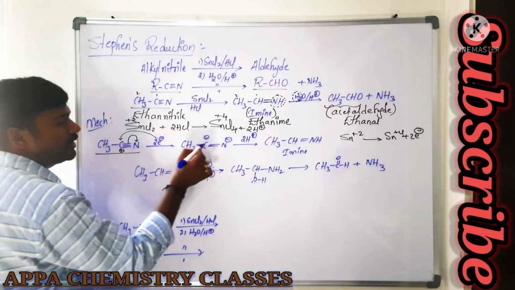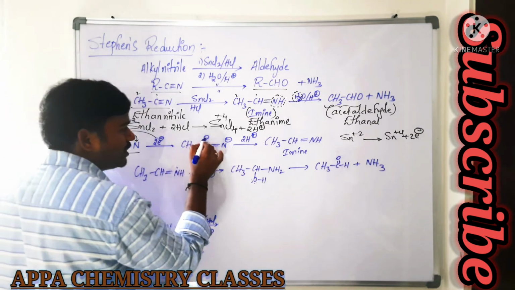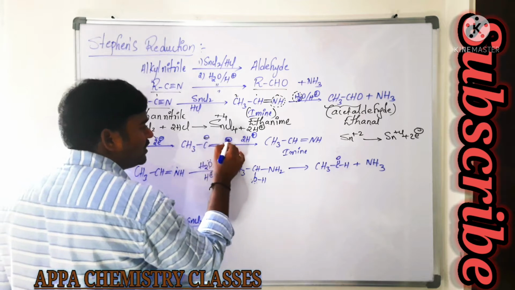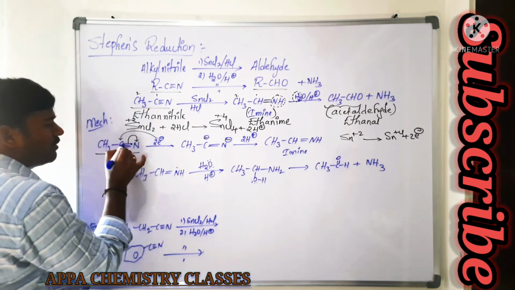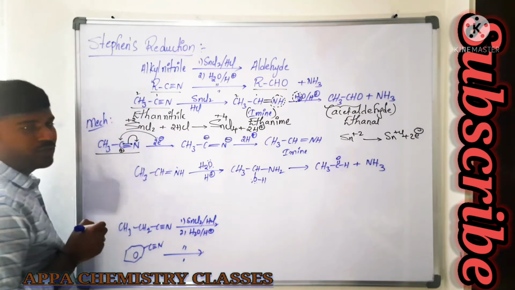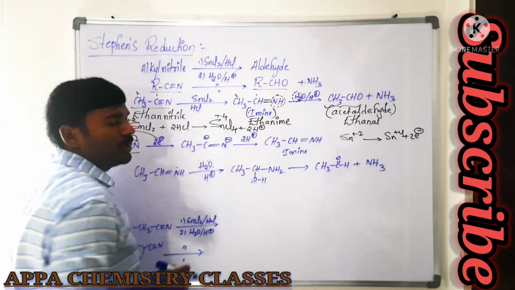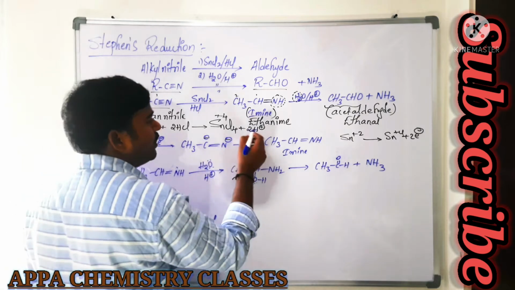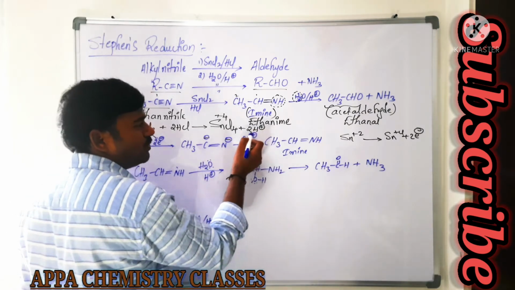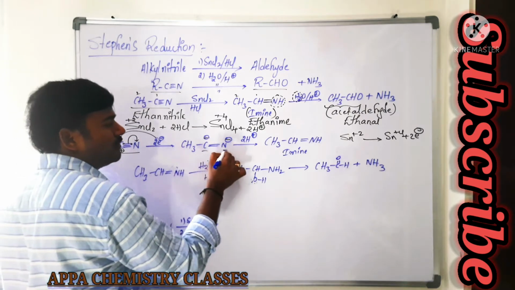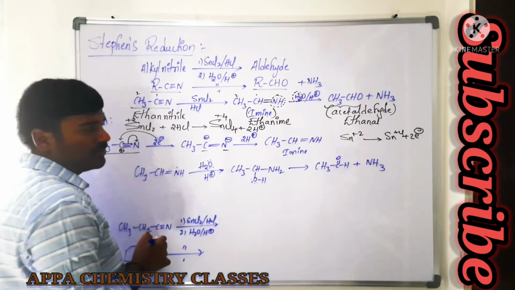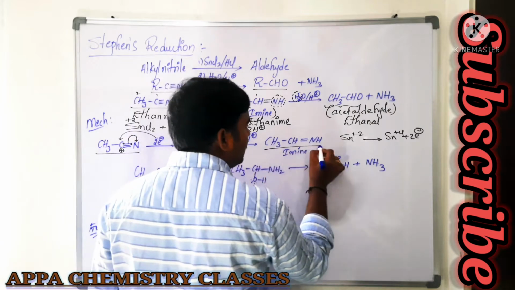Then the carbon gets the negative charge. Here the negative charge indicates 2 electrons. This also indicates 2 electrons, because it is one nitrogen electron, one carbon electron, both shifted to nitrogen. Now both are getting the negative charge. So the 2 moles of H plus ions which we got: one H plus ion is bonded to this carbon, and one H plus ion is bonded to this nitrogen. Then we are getting the imine.